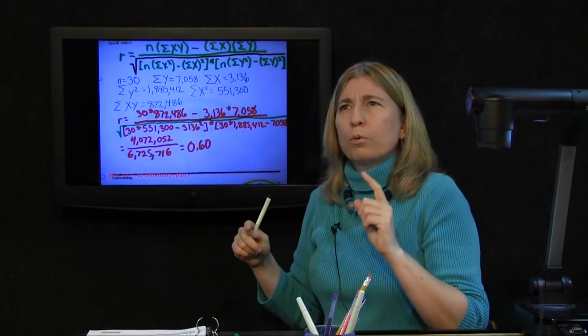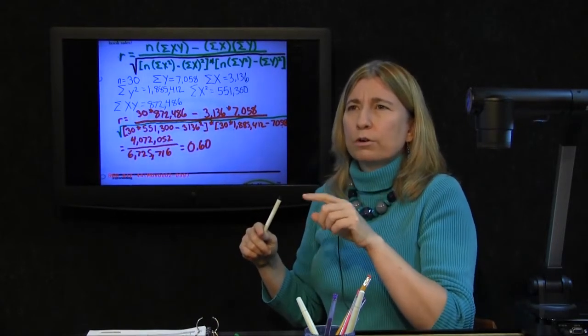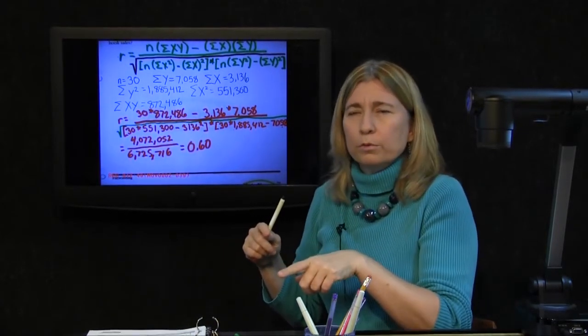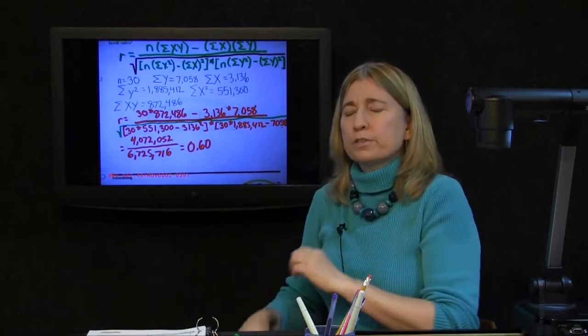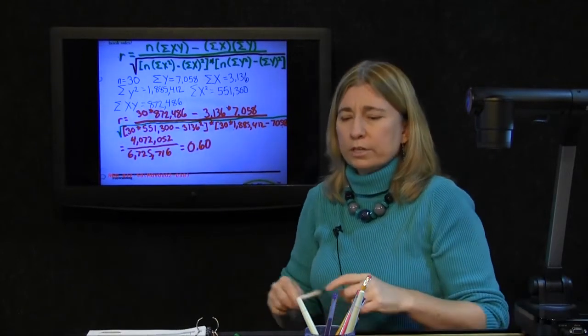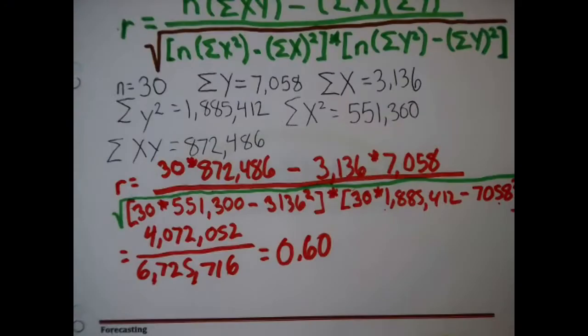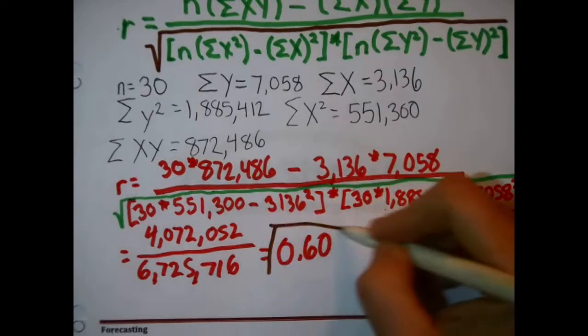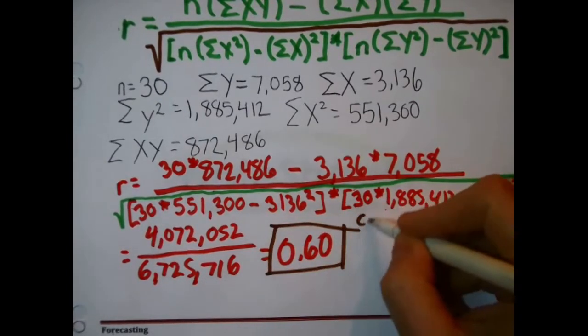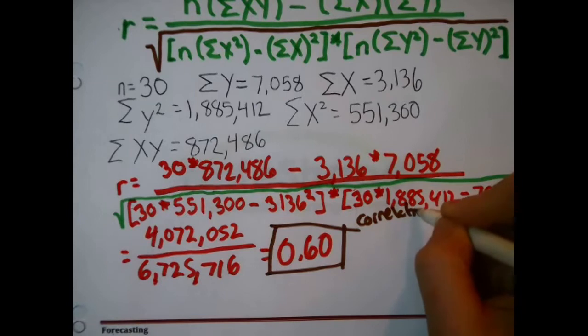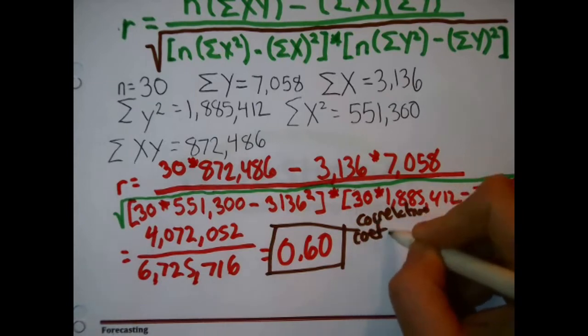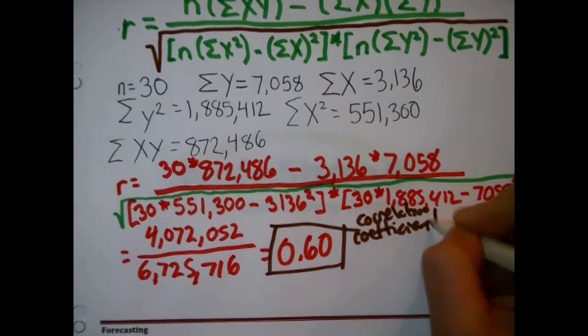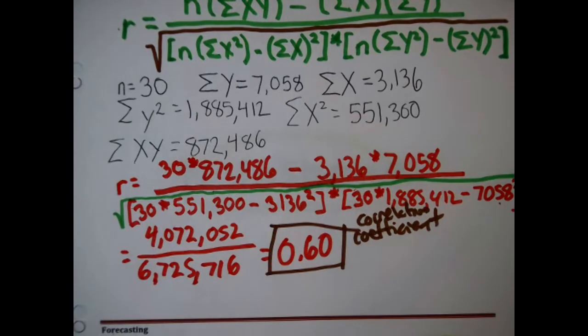You go, well, isn't that 0.60 or 0.61 if you wanted to round? True, it just depends on how many decimal places you intended to keep. It's essentially the same discovery. That is the correlation coefficient. Took us more than a few minutes to find it, but that is the correlation coefficient.